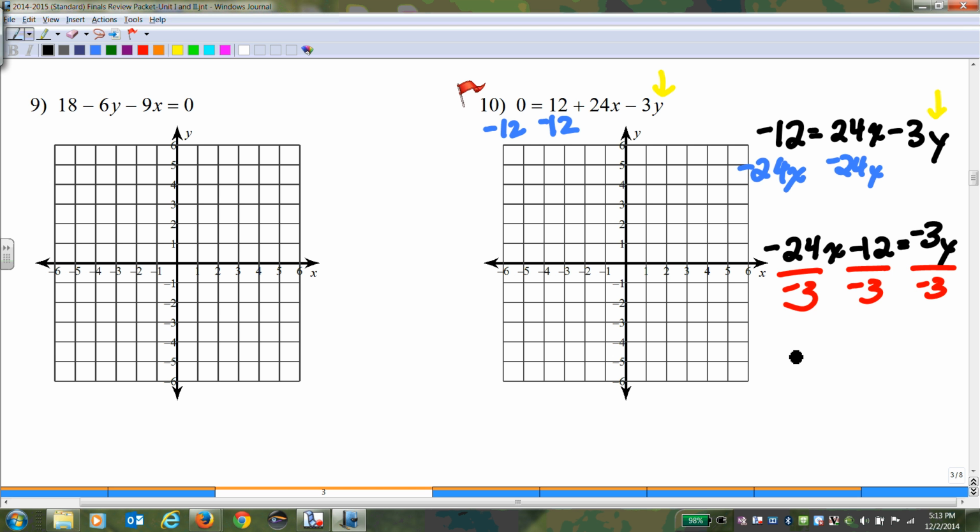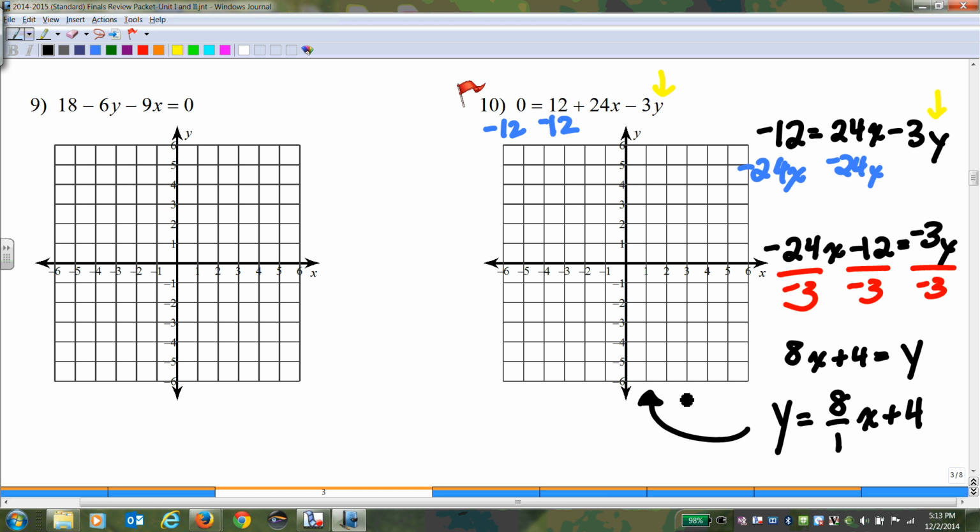Double negative makes a positive, so I end up with 8x plus 4 equals y. Now you're used to seeing it flipped around, so I'm just going to flip it around. That's y equals 8 over 1x plus 4. You can go ahead and graph that yourself.